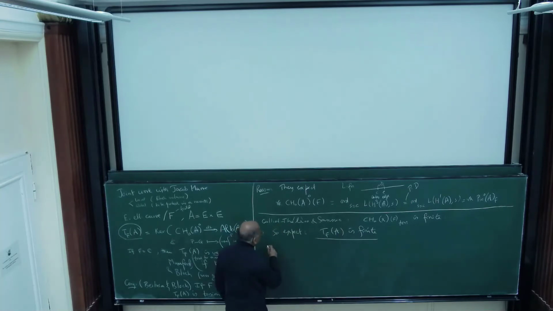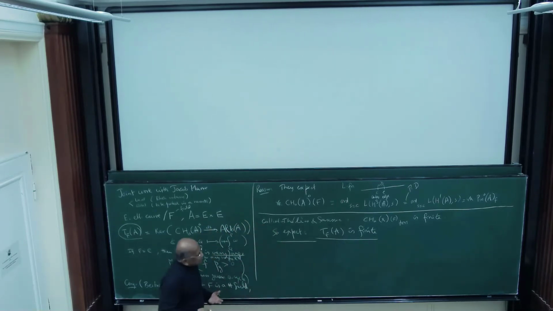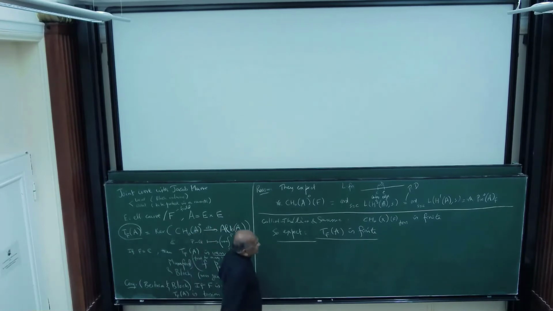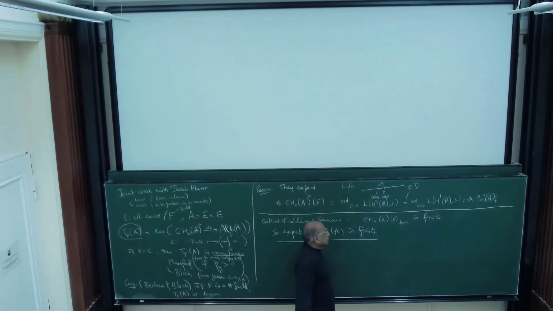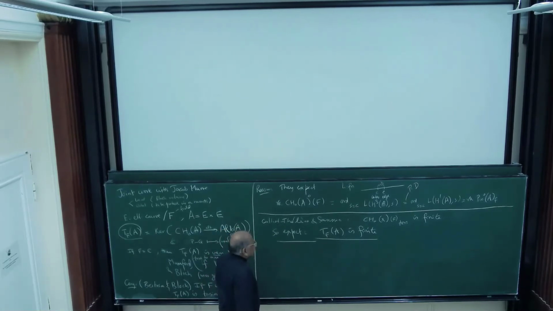So what Murray and I tried to do is to understand the Galois symbols. Usually the way one understands anything is by mapping it to some cohomology, like Galois cohomology, and seeing what one can say about it.